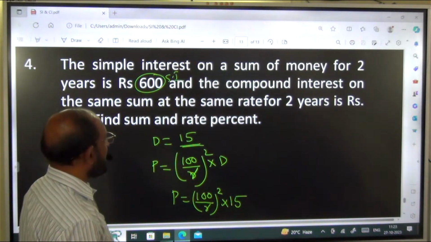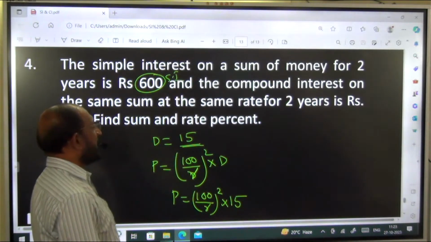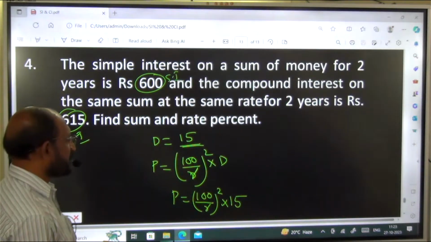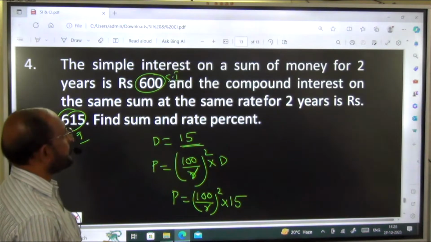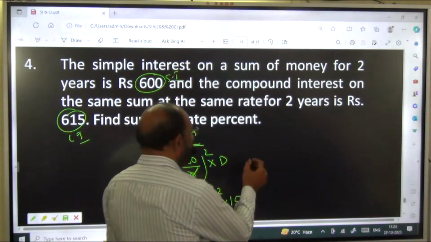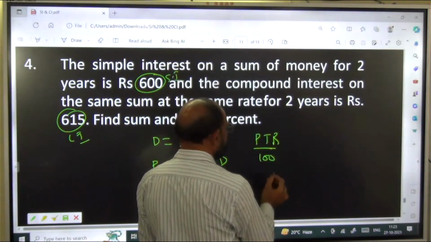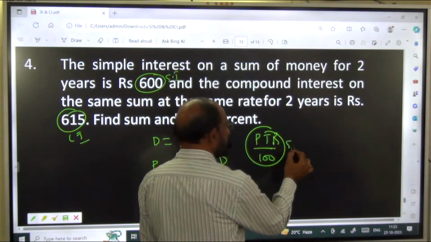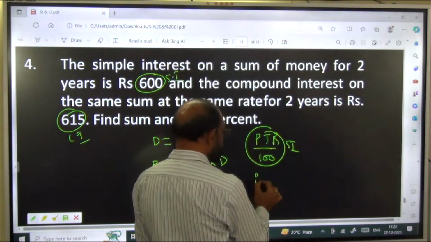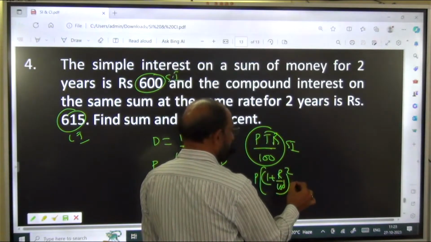I think there is some mistake. 615 is the compound interest, same sum and same rate. PTR by 100 is the simple interest. Then compound interest means P into ((1 plus R by 100) whole square minus 1).